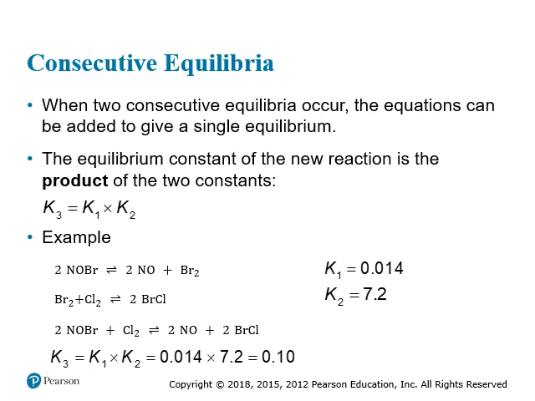Bromine can then react with chlorine gas in order to form BrCl, which results in an equilibrium and an equilibrium constant value of 7.2. If we sum up those 2 reactions in which essentially bromine can be considered as an intermediate, then we see nitrosyl bromide reacting with chlorine in order to form nitrogen monoxide and BrCl as a product.